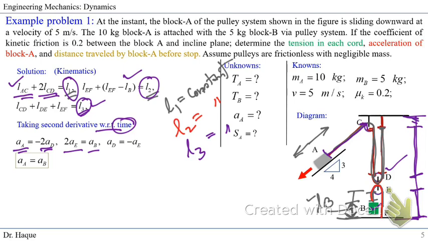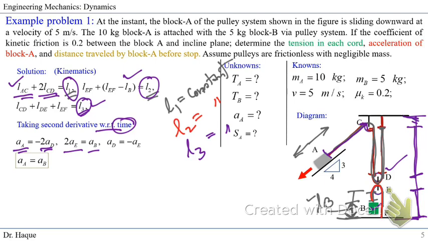So our goal is to have a second relationship that will combine with our target, a fourth equation that will help us solve the problem.